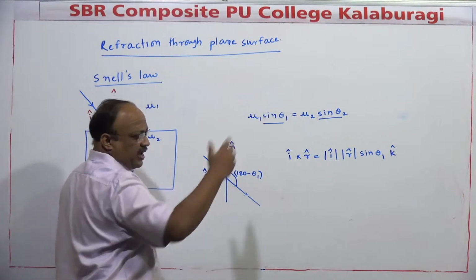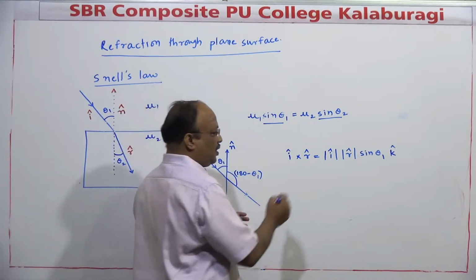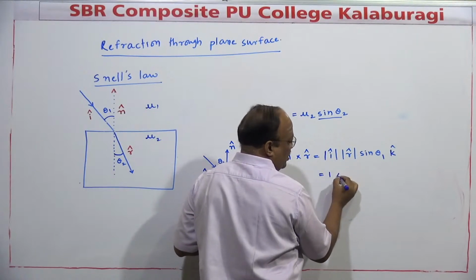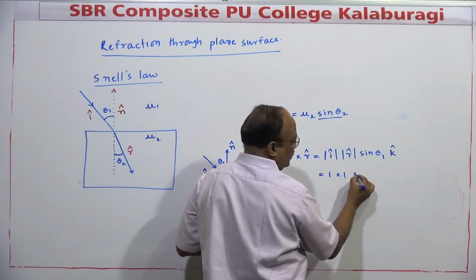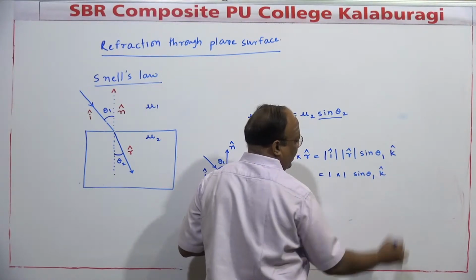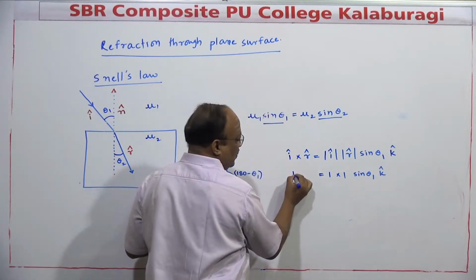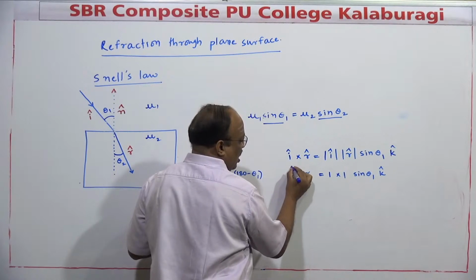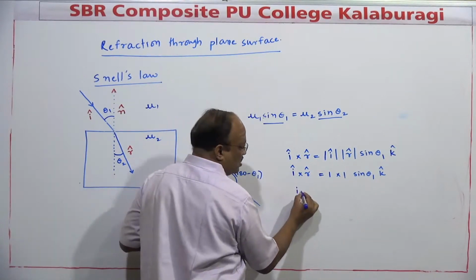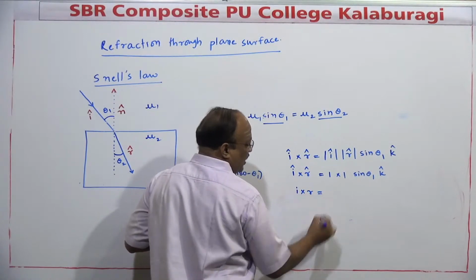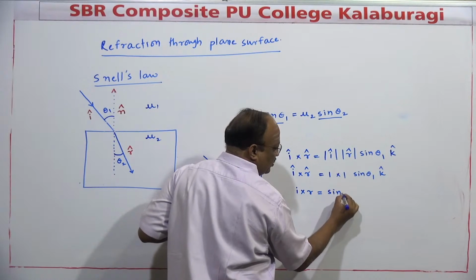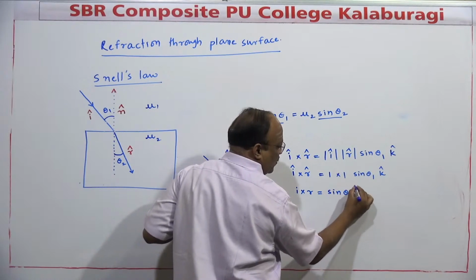So magnitude of I is 1, magnitude of R is 1, sine theta 1 into k cap. This is our I cross R. So I cross R is equal to sine theta 1 into k cap.